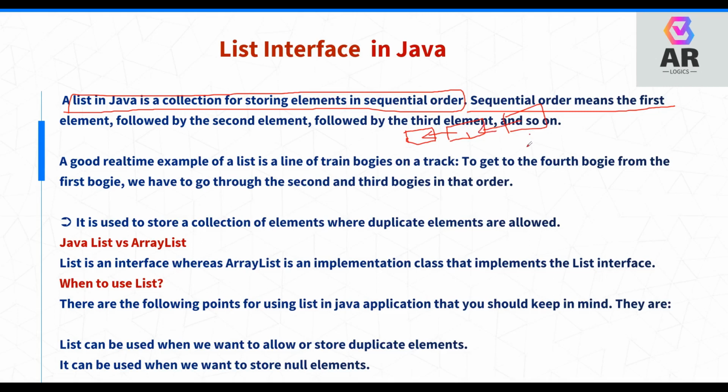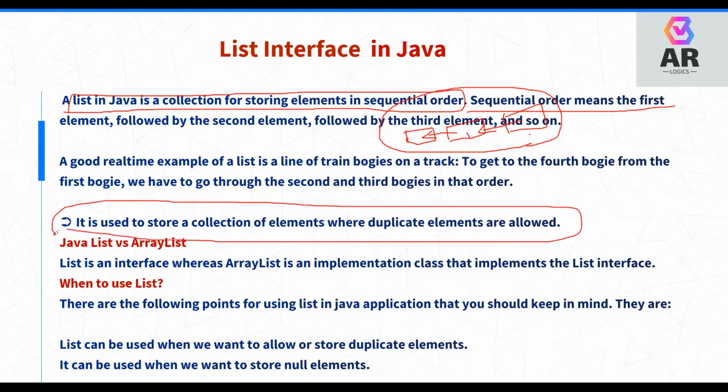Like this, sequential order is followed. It is used for a collection of elements where duplicates are allowed. Remember this point: duplicate elements are allowed in list.